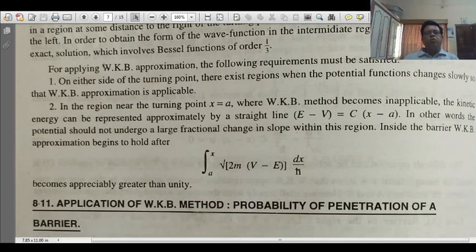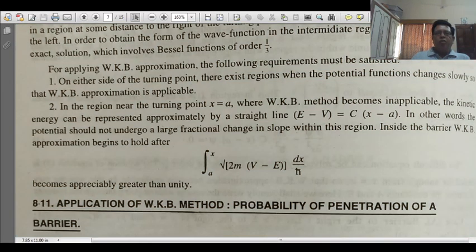Now, for applying the WKB method, the following requirements should be satisfied. These are the conditions necessary if we want to apply the WKB approximation. In such problems, on either side of the turning point, there exist regions where the potential function changes slowly.